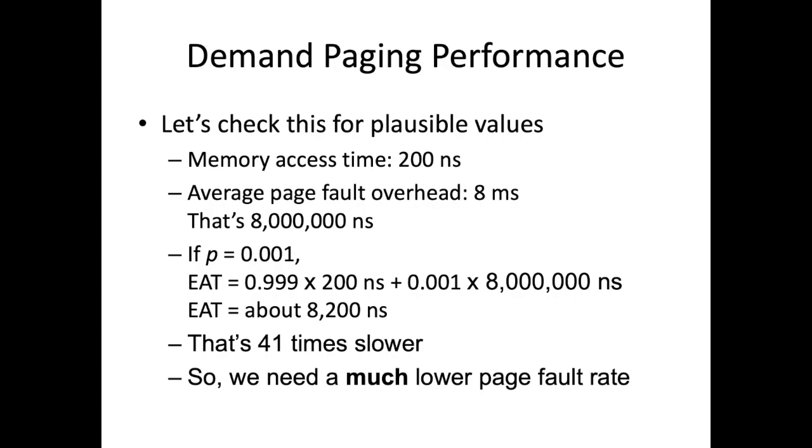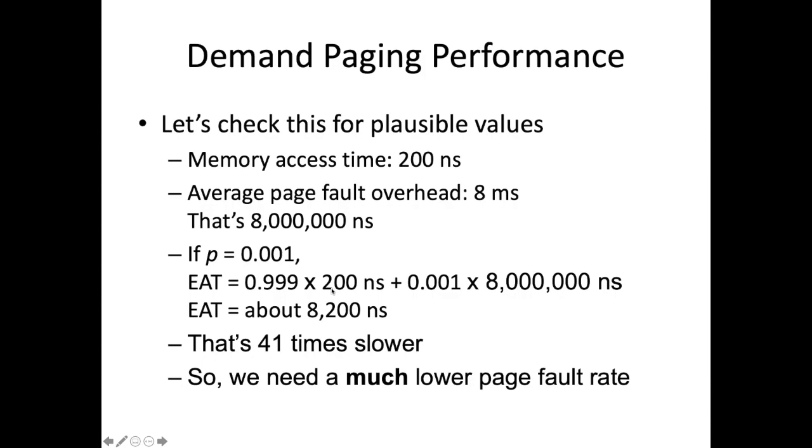It tells us that to get acceptable performance from our virtual memory system, we need page fault rates that are way lower than that. Otherwise, the significant cost of servicing a page fault is going to dominate the typical cost of accessing memory.